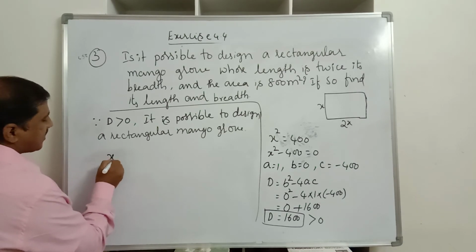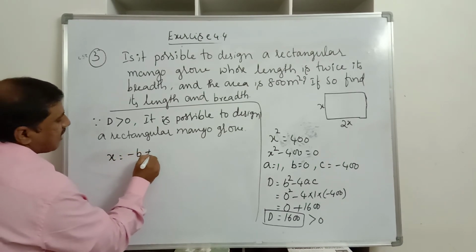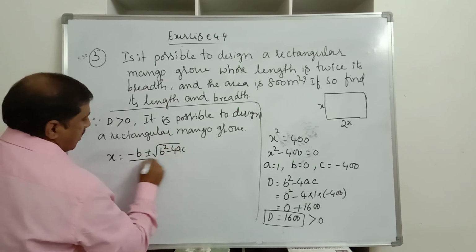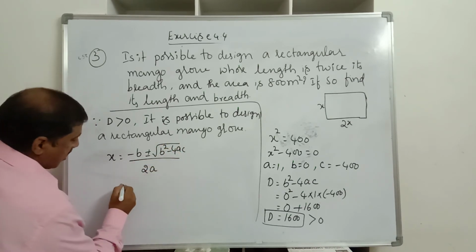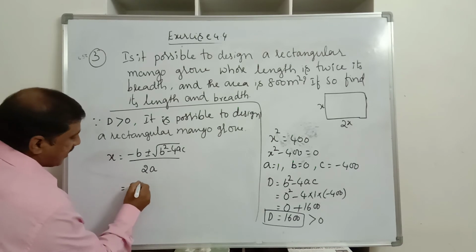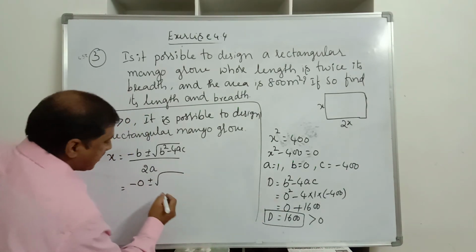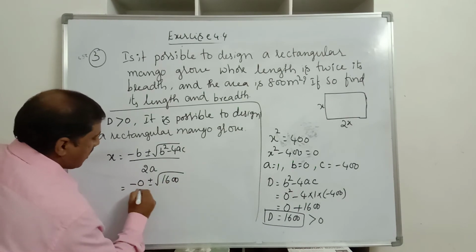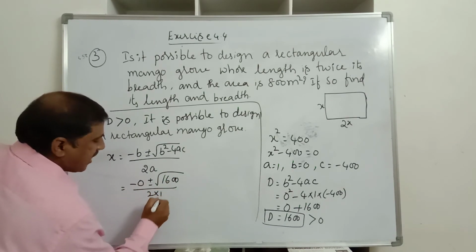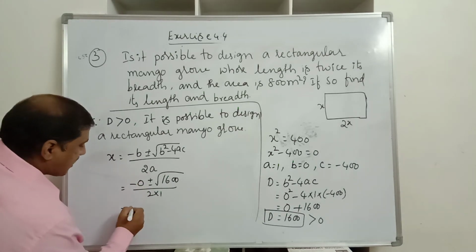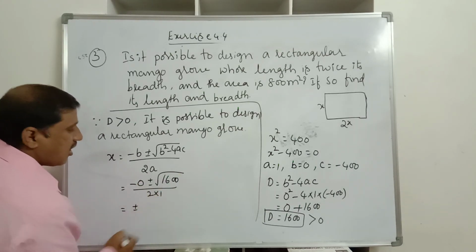Quadratic formula: x is equal to minus b plus or minus square root of b square minus 4ac, divided by 2a. That is minus b is equal to 0, plus or minus square root of b square minus 4ac, which is 1600, divided by 2 into a, where a is equal to 1. Minus 0 means it is 0. Then plus or minus square root of 1600.